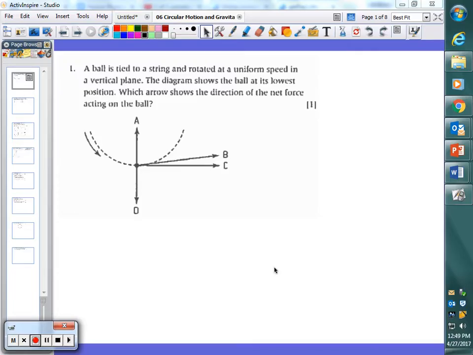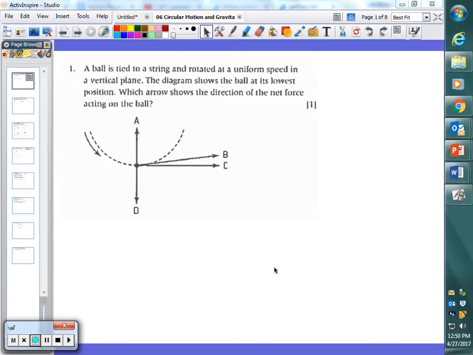Okay? So it's always important that the force acts perpendicular to the current velocity. But in terms of a circle, that means that a force always has to point towards the center of that circle.